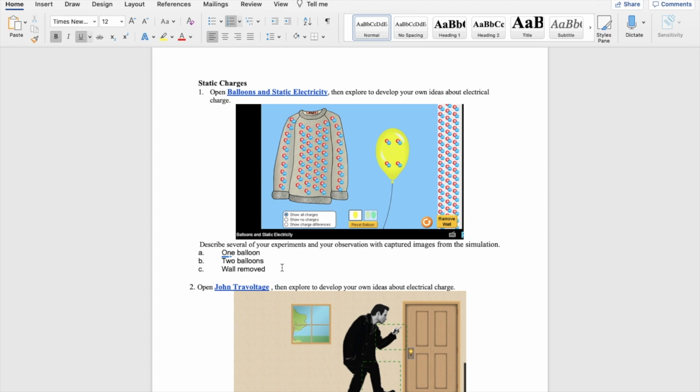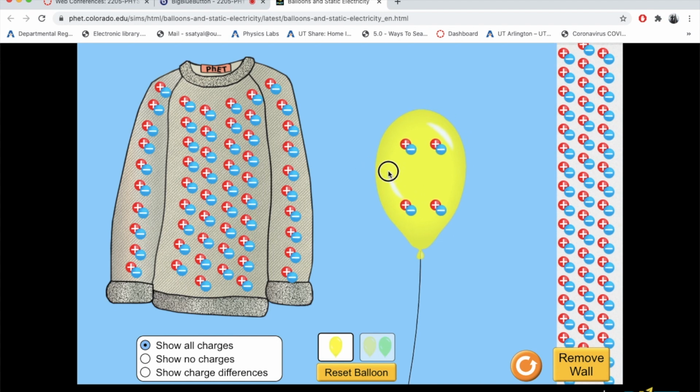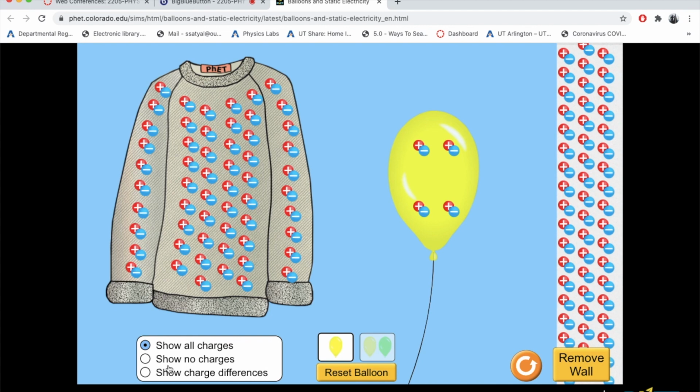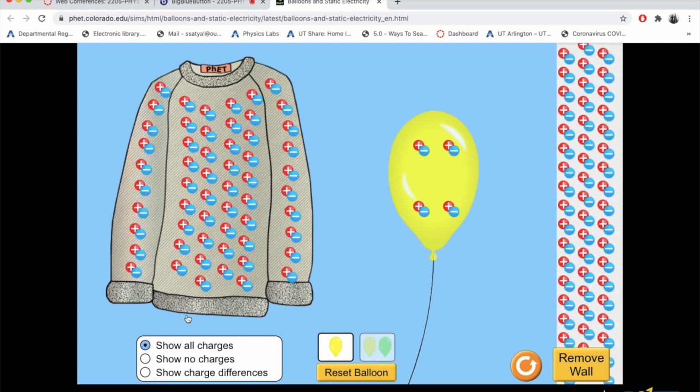It can be anything, so I'm just giving you three examples: one balloon, two balloons, and the balloon versus the wall. What we are expecting from you is to open this site and drag this balloon around. You can reset the balloon here. You can choose no charges, charge difference, or show all the charges.